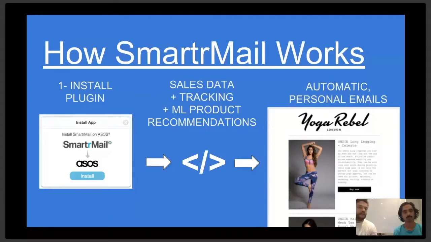So we get your sales data and your customer data and your product data, and we throw that into a machine learning engine and combine it with actual on-page tracking as well. So what that means is for your customers, once they've visited your store and you're running SmartrMail, we can actually improve our recommendations for every single customer for these emails.